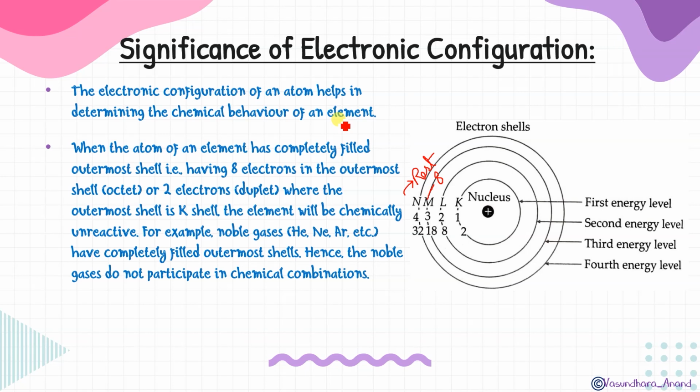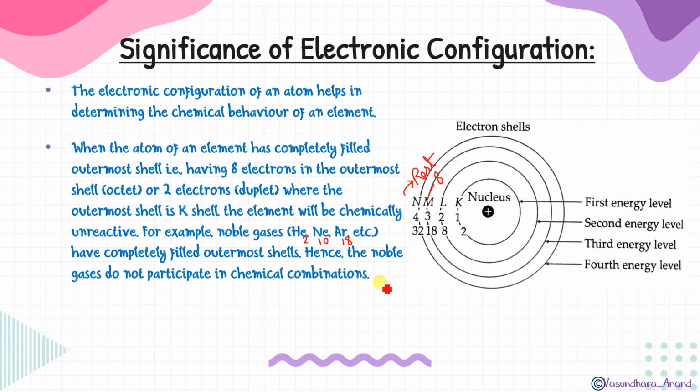For example, the noble gases like helium, whose atomic number is 2, neon, whose atomic number is 10, argon, which is 18, etc., have completely filled outermost orbitals, and hence noble gases do not participate in chemical combination.